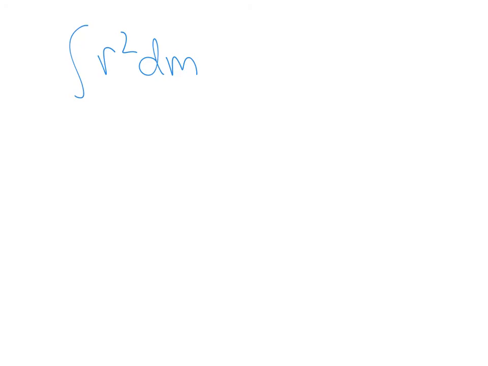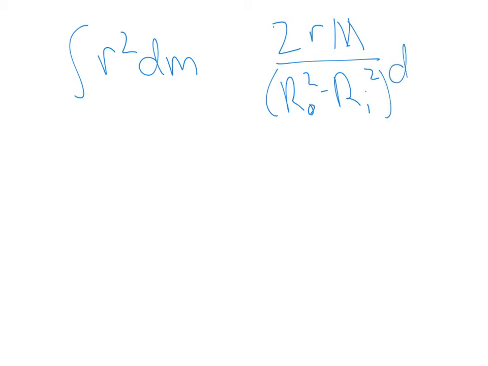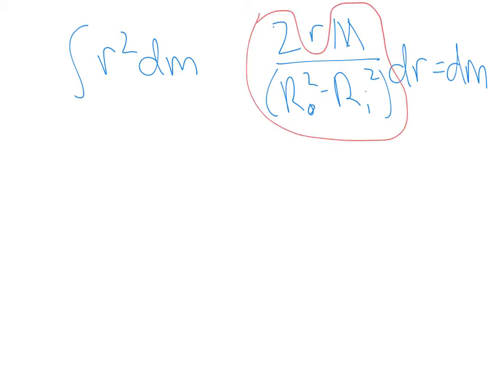In the others, we said it was 2r M, big M, over r outer squared minus r inner squared dr equals dm. Okay, so we're going to substitute all that in. Now notice that those are all constants.